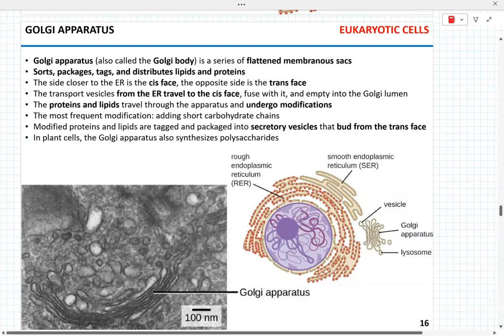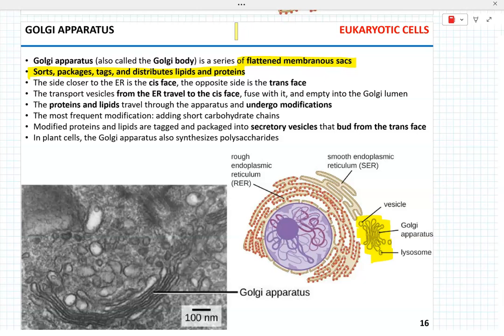Near endoplasmic reticulum is the Golgi apparatus, or Golgi body. It is a series of flat membranous sacs which sort, package, tag, and distribute lipids and proteins that were synthesized in the endoplasmic reticulum.